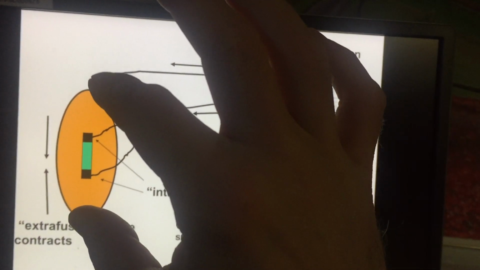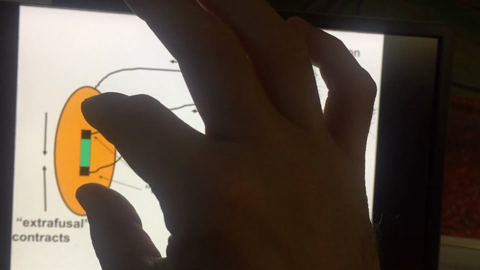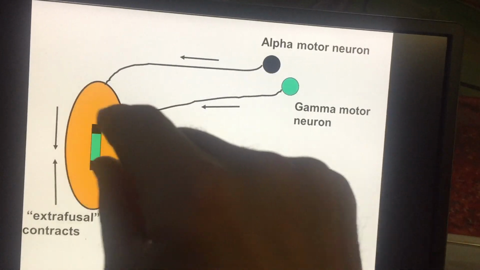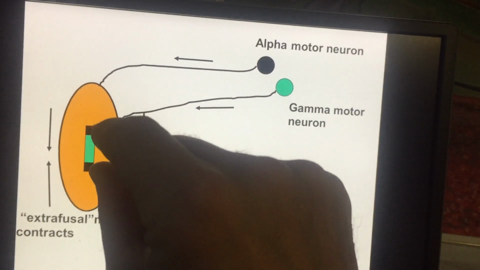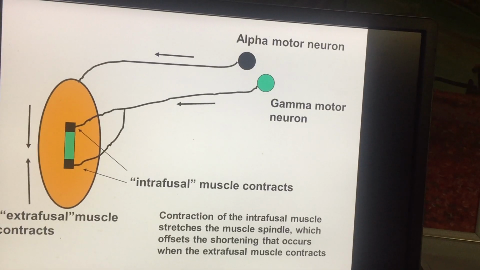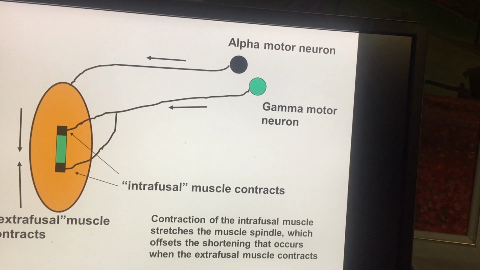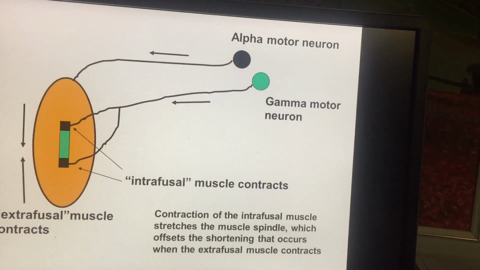Now recall the problem with the contraction of the muscle is that theoretically this muscle spindle, so this is your spindle here, would also shorten, and that would result in a loss of information going back to the alpha motor neuron about changes in muscle length.